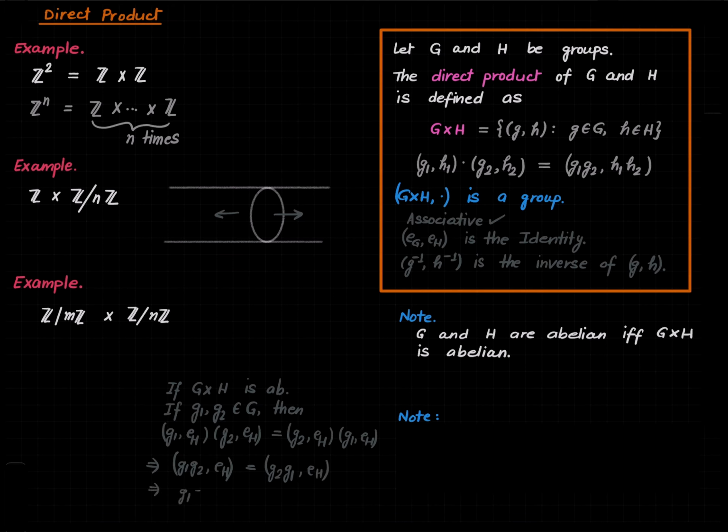If you just compare the first coordinate, you get g1 g2 is g2 g1. So that shows abelianness of G. Similarly, you can prove abelianness of H. So there is not much to it.